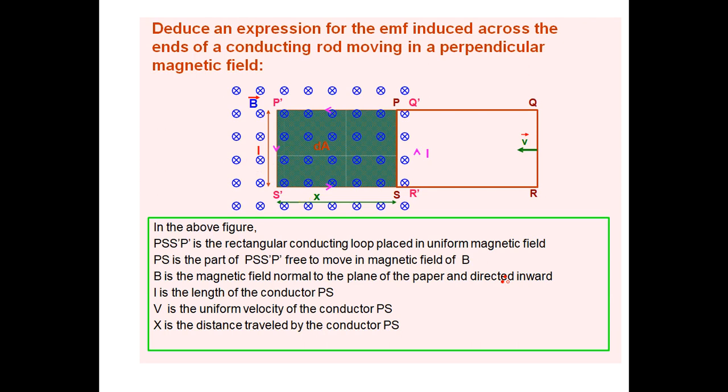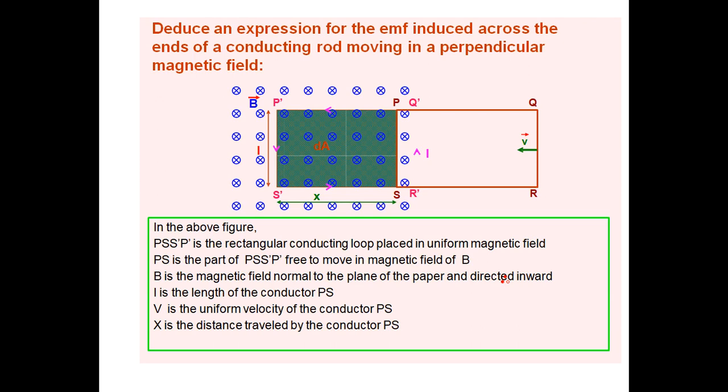Suppose it is moving, and B is the magnetic field that is normal to the plane of the paper and directed inward. So the magnetic field and the plane of the area are normal to each other, and B is directed in the inward direction.